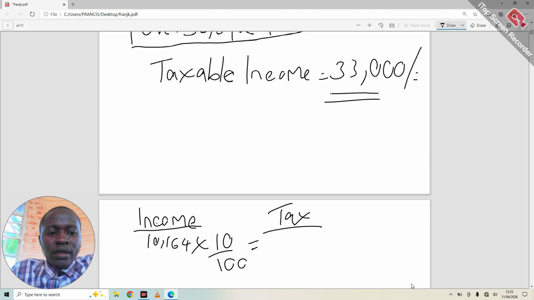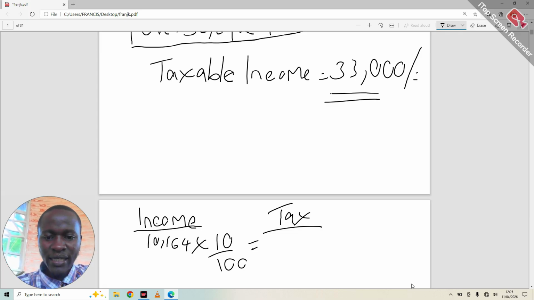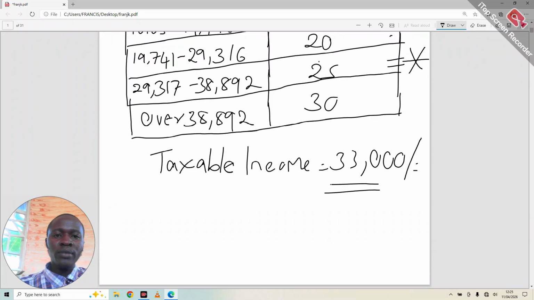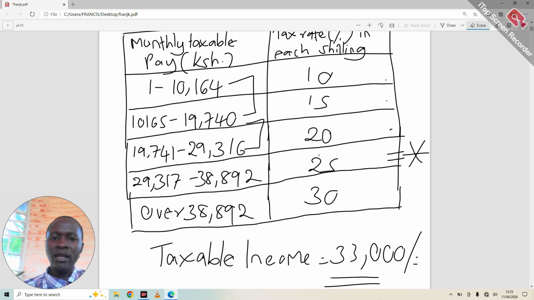So let's first arrange the income, then we'll later get the tax. From 10,164, we have 19,740, subtract 10,164. That is the flow of how we arrange those things: you take this, subtract from this, subtract from this, and so forth.